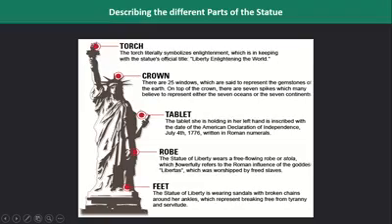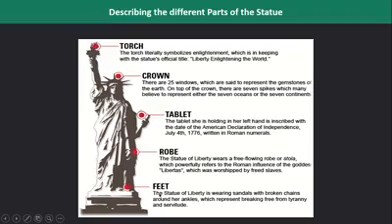Robe. The Statue of Liberty wears a free-flowing robe or stola. Stola means a long garment, which powerfully refers to the Roman influence of the goddess Libertas, which was worshipped by freed slaves.